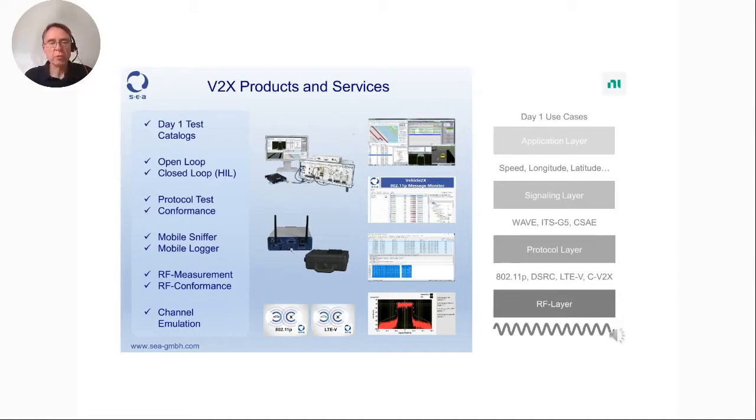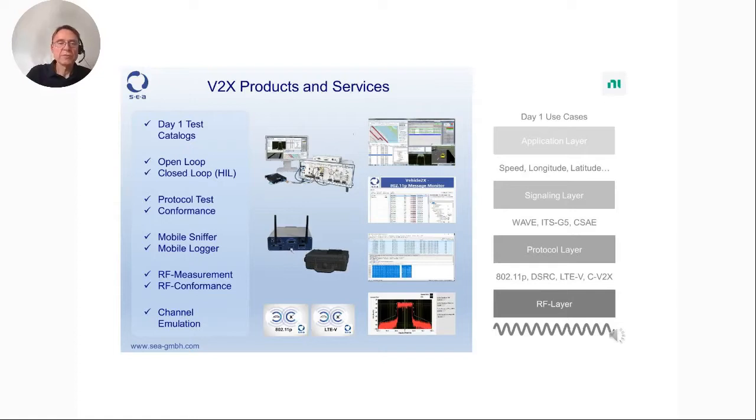Depending on where you're from and what you're working on, you might have very different topics that you need to test. On this slide, you see symbolized the layers that people cope with when you talk about V2X: starting at the RF layer, the protocol layers, the ITS layers, the signaling layers, and finally application and the use cases related to them.